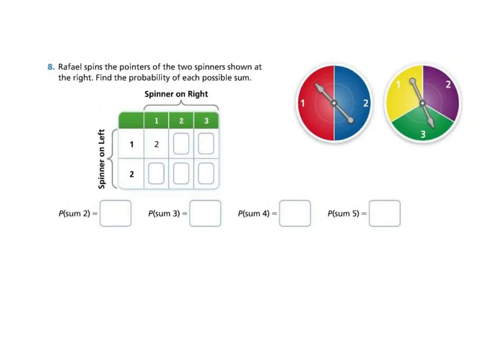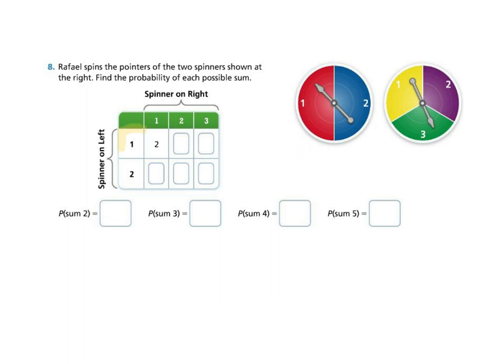All right, number 8. Raphael spins the pointers of the 2 spinners shown at the right. Find the probability of each possible sum. Okay, I don't want this one to become confusing, so let me use some color coding here to help you out. So within this table you see here, this is actually representing both of these spinners, but I need you to be able to understand what spinner's what, right? So let me help out here.